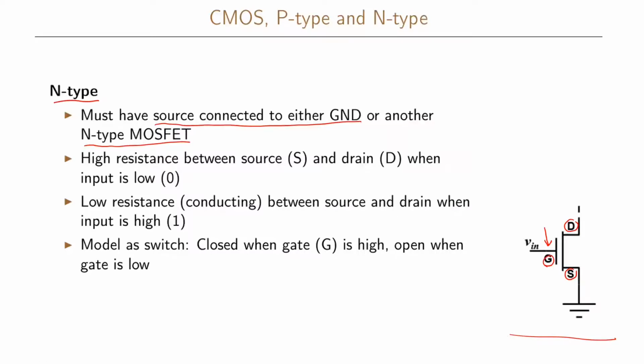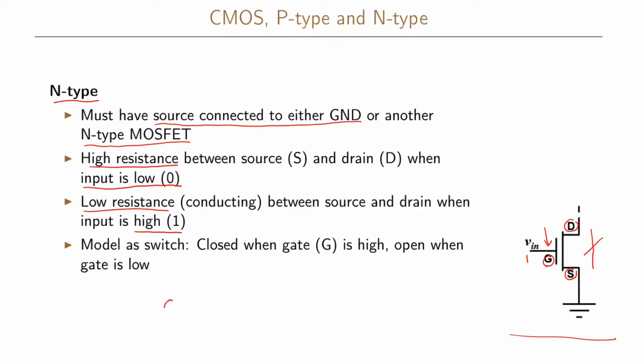And different from the p-type transistor, when the input, when the gate here is low, so when this is a 0, we have a high resistance between the source and the drain. And if the input, the gate, is high, then instead we have a low resistance between the source and the drain. So when the input here is a 1, then there is a connection here between the source and the drain, and when it is a 0, there is no such connection.